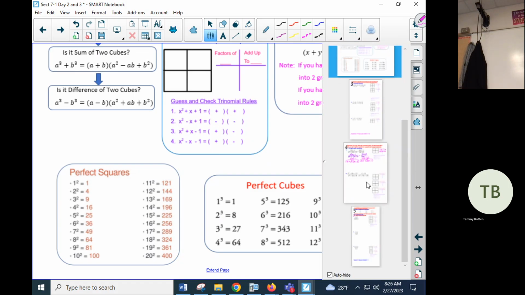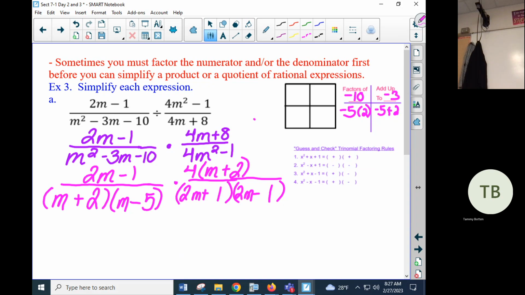Okay. So now I have everything factored, and now I'm to the point where I can cross things out. So if I go to cross things out, I have a 2m minus 1 and a 2m minus 1. I have m plus 2 and m plus 2.